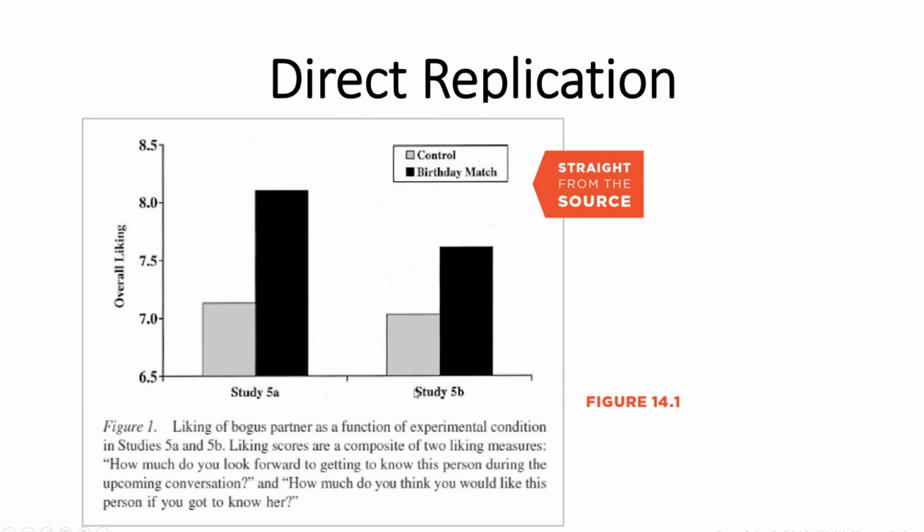They ran the study again a little bit later in time, same exact setup, and so they called this 5B, and even though the bars aren't exactly the same heights, we're still seeing the same pattern. We're still seeing the overall effect here. So we would call this a direct replication. And that gives us more confidence in those original results because we found the result again.